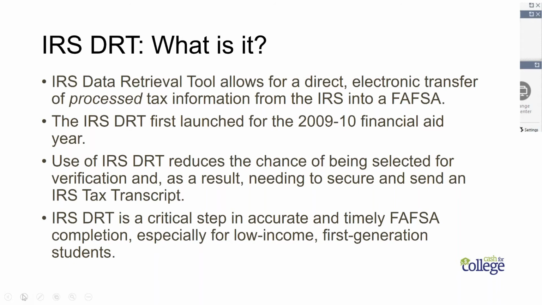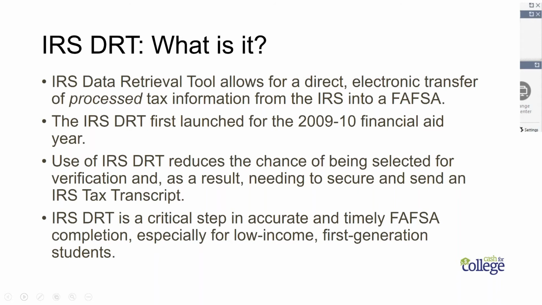So this year it's been really great because a lot of our students have been able to take advantage of this tool. And what makes this tool so wonderful is that it reduces the chance of a student being selected for verification. And what verification is, and I'm going to go over this in a few slides, but basically it's the process where students have to verify that certain information on their FAFSA is true.